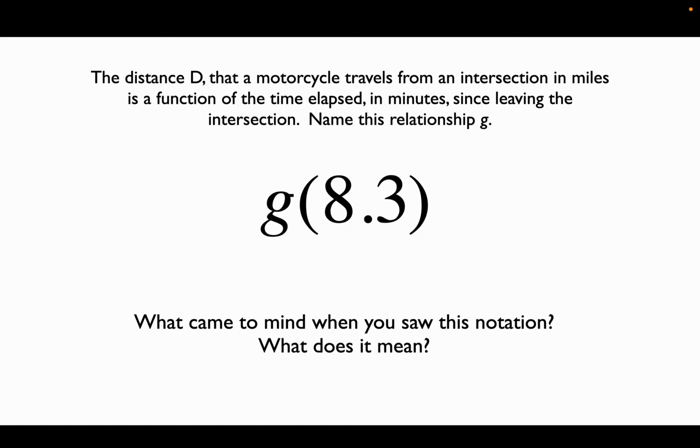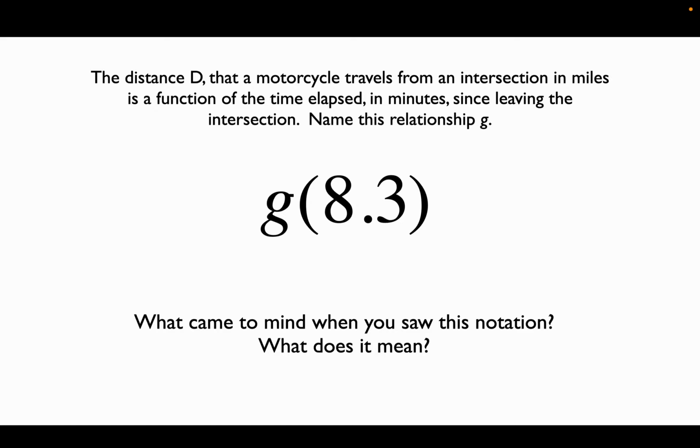if you remember working with function notation before, when you say f of something or g of something, the something in those parentheses is what you're putting into the function. What's in the parentheses is the input value. So this is something about 8.3 as a time, and to go back to the problem, this is elapsed time in minutes.